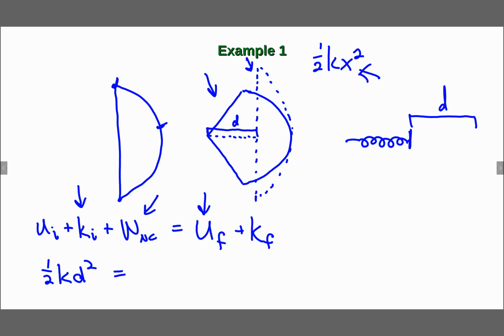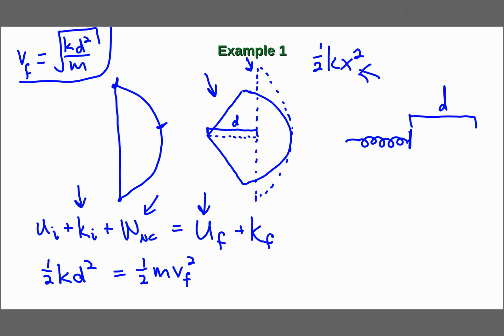And so I don't have potential energy, but I do have kinetic energy of the arrow, okay? And then that tells me, let's put it up here. Up here at the top, I'll write vf equals the square root of kd squared over m. So that's for our idealized case.